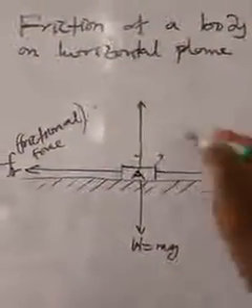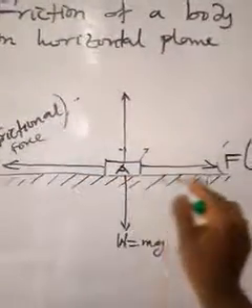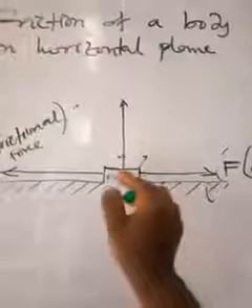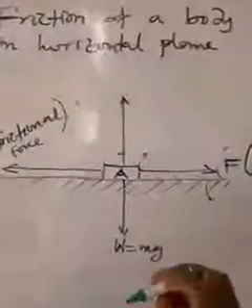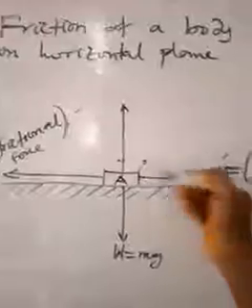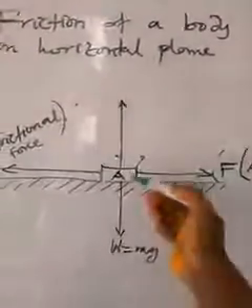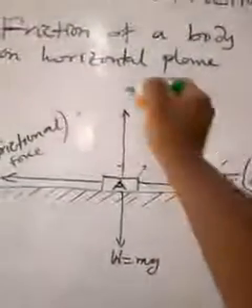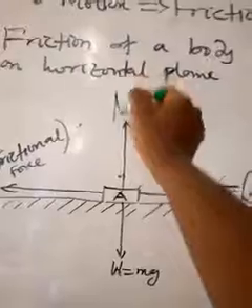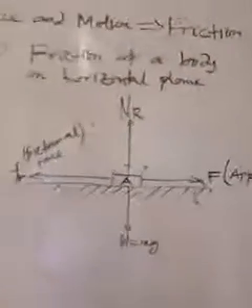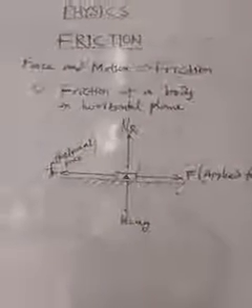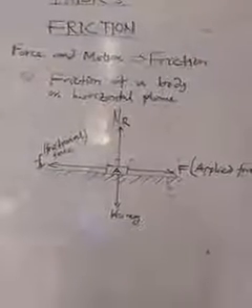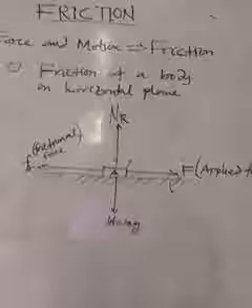And the reaction from the floor, because the body is standing on this floor, that means the floor is supporting this body. That means the floor will react. So the reaction is going to be normal. We call it normal reaction. Why is it called normal reaction? It is called normal reaction because it is perpendicular to the plane.